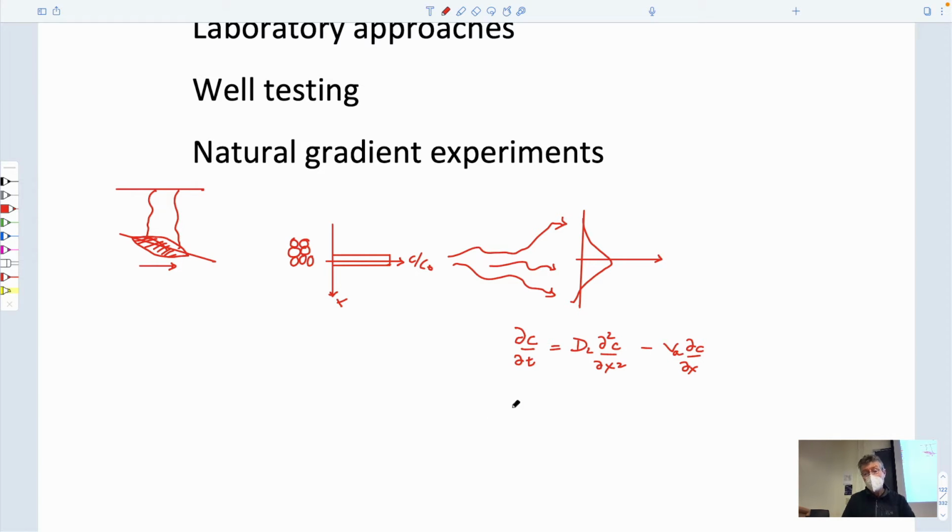And you've seen it before, all these components, this is the advective velocity, which is the Darcy velocity divided by porosity. This term here is the dispersion coefficient.